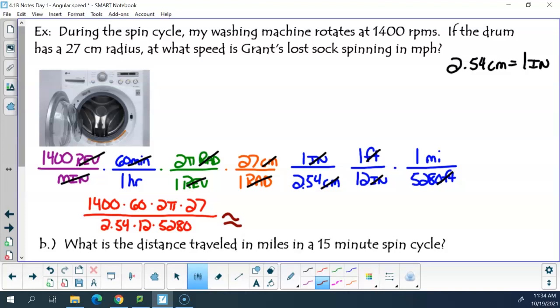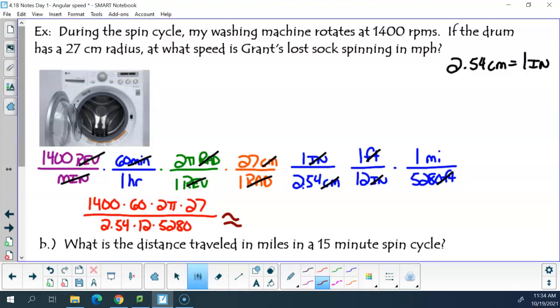I get 1,400 times 60 times 2 pi times 27 on top. On the bottom, I got 2.54 times 12 times 5,280.